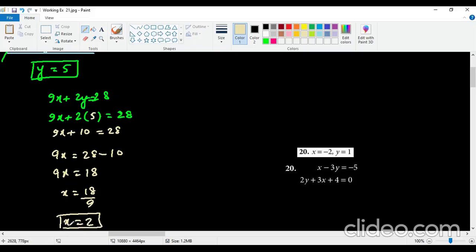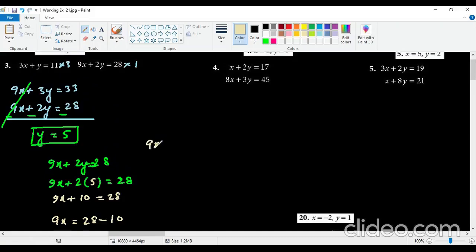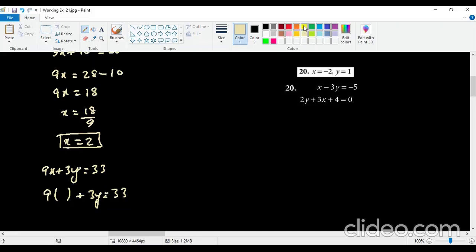This is the first answer, and now I will use any equation I feel like. For example, 9x plus 3y equals 33. Now I will rewrite the same equation. 9x plus 3y equals 33, in place of x I will put the bracket, and the value of x is 2.